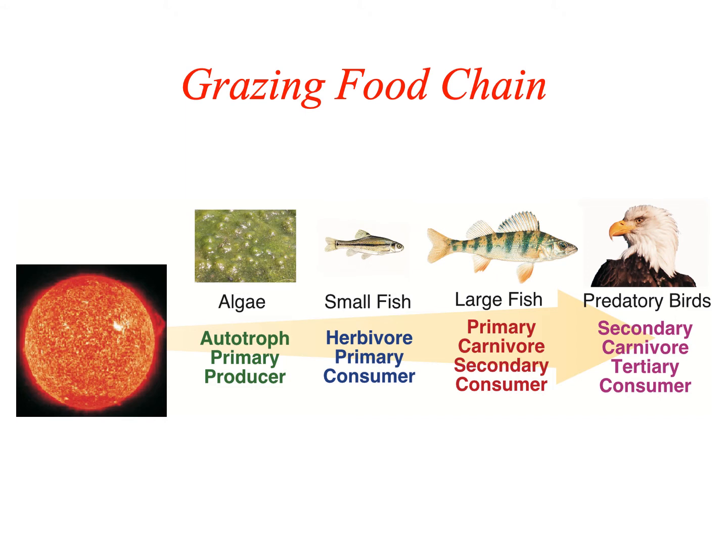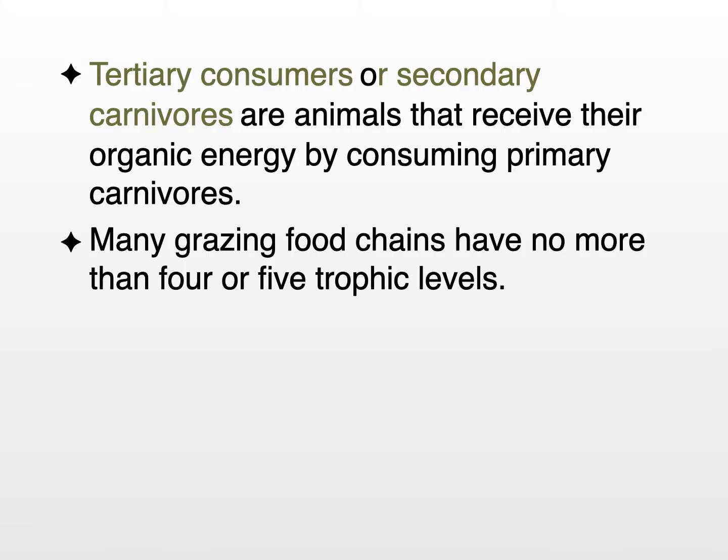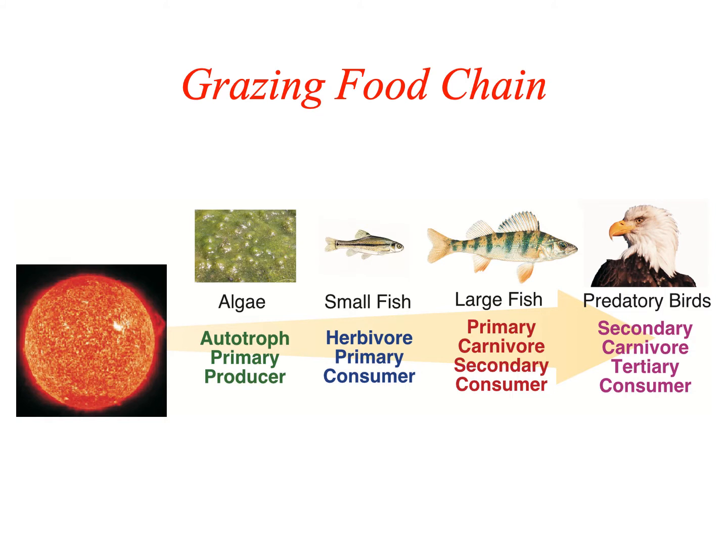We can have a fifth stage where we have a secondary level of carnivores that feed on primary carnivores. These would also be referred to as tertiary consumers. Many grazing food chains have no more than 4 or 5 trophic levels. So here in this model, we show 5 trophic levels. Now, in here, I've generalized, and we're talking about all the organisms that exist in each one of these trophic levels for an ecosystem.